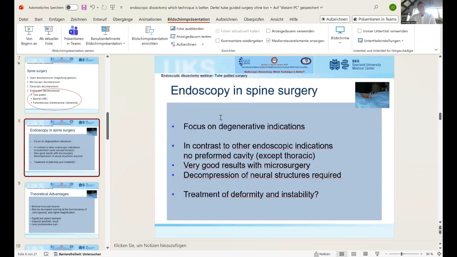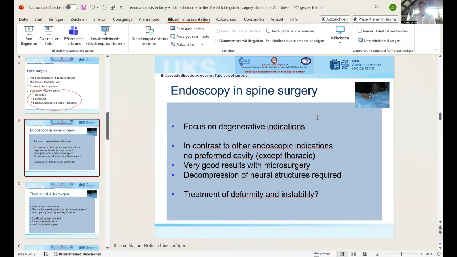You see that we will focus on degenerative indications. All the data I will present are from the lumbar spine. When we talk about endoscopy, I think it's different from many other indications because we use the endoscope as a visualization tool in an indication in spine surgery where it's not natural to use an endoscope.